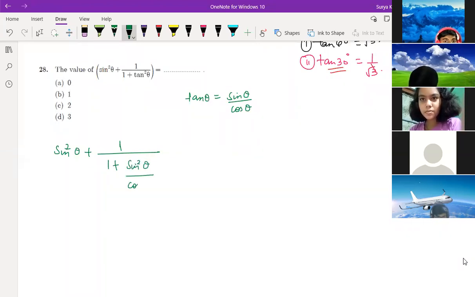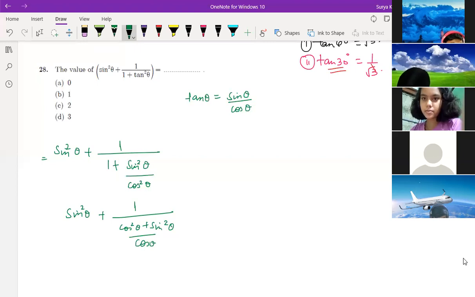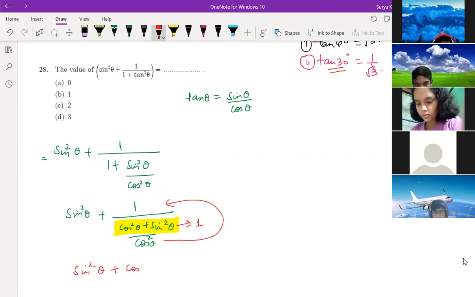Let me solve here. Sine square theta plus 1 divided by 1 plus sine square theta divided by cos square theta. Taking the LCM, this cos square theta will go up. One more thing, this is an identity, and the value of this identity is 1. So sine square theta plus cos square theta is equal to 1. The answer is 1.